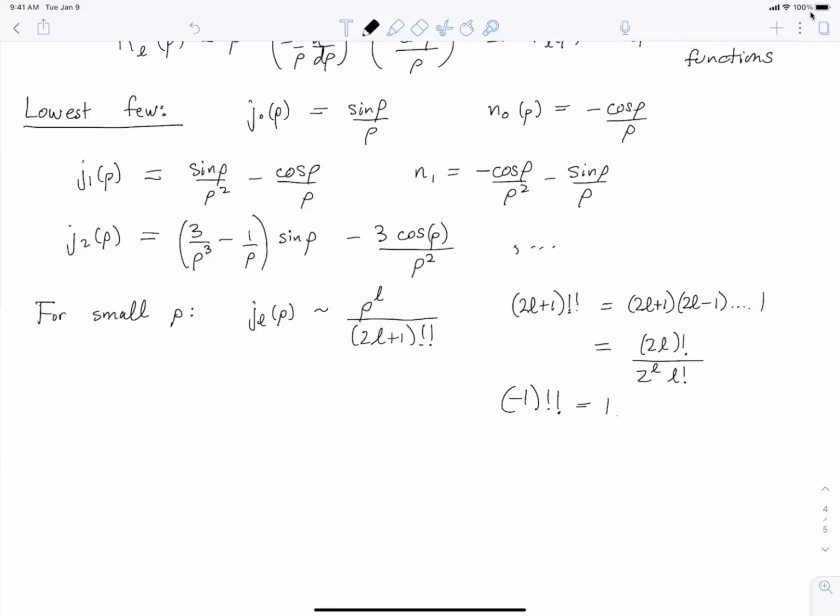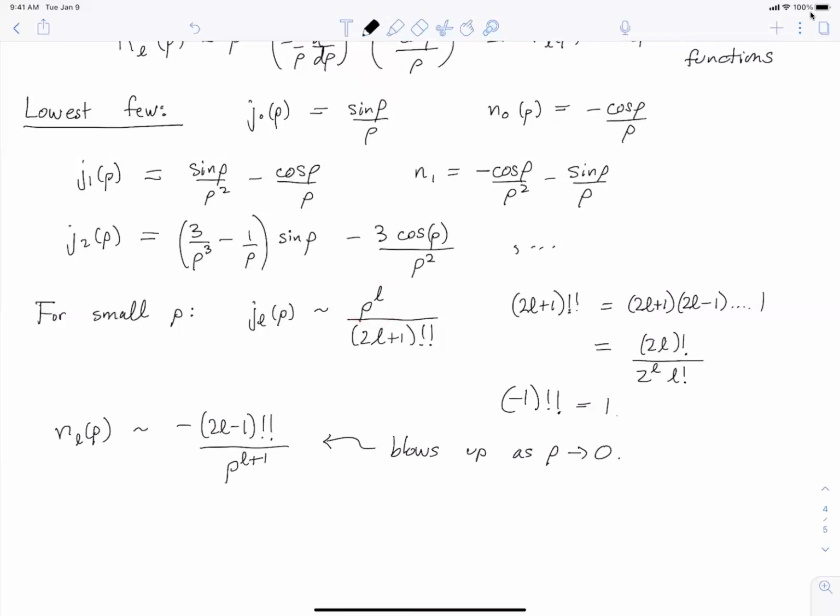Okay, but for the Neumann functions, it turns out to be sort of the opposite. As we've already mentioned, these are not well behaved at the origin. So they turn out to go like negative (2L minus 1) double factorial over rho to the L plus 1. So as promised, these blow up as rho goes to 0.